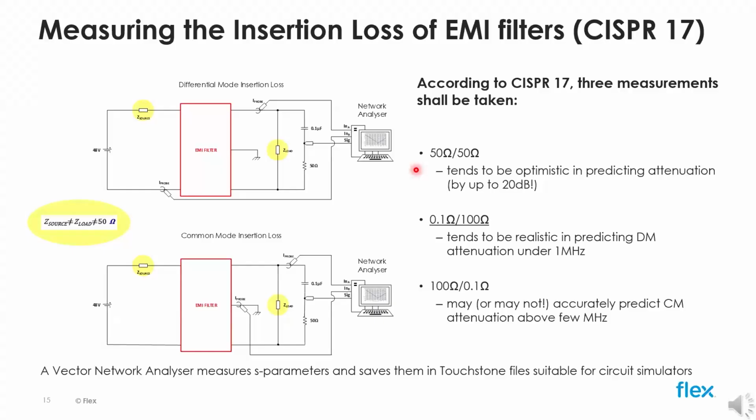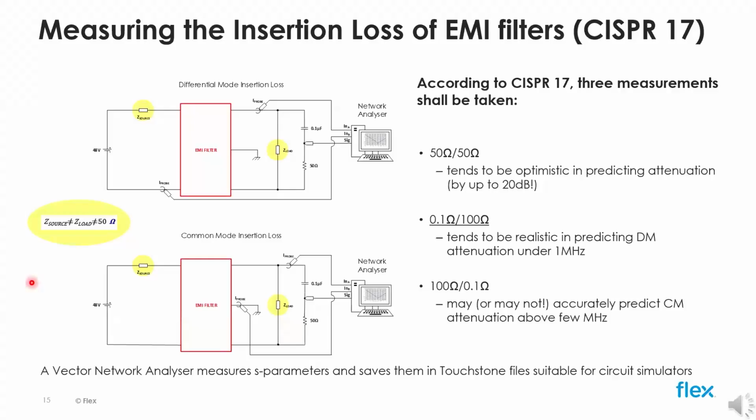The standard accounts for a measurement in a 50 ohm matched circuit and in circuit having mismatched low to high 0.1 ohm source to 100 ohm load impedance and high to low 100 ohm source to 0.1 ohm load impedance. A matched impedance doesn't happen very frequently, if not at all, and it's an optimistic situation in most of the cases.